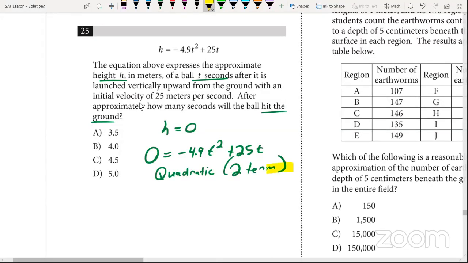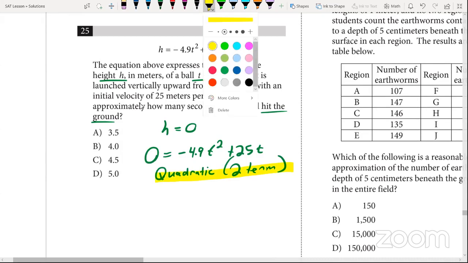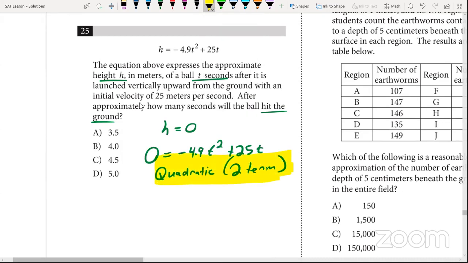And you need to know, as a rule that you have memorized, that when you're dealing with a 2-term quadratic, you should pretty much always use the GCF followed by the zero product rule. I'll show you what that means. So the GCF, the greatest common factor for the two numbers that we have here, we can just say is t, because we have decimals, so there's no integer that divides both of them, right?